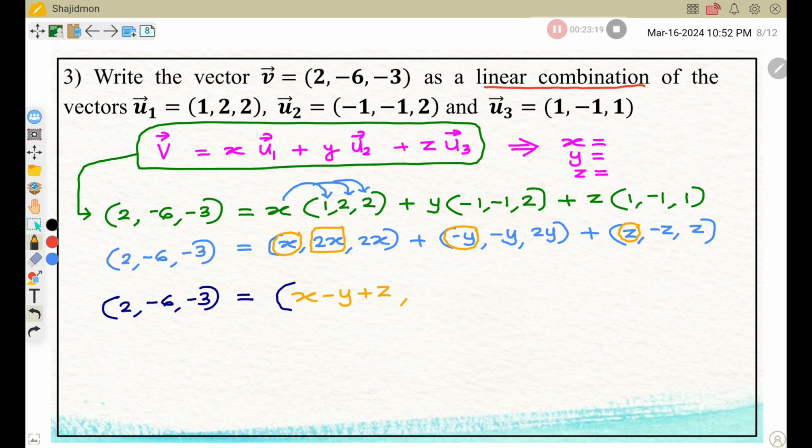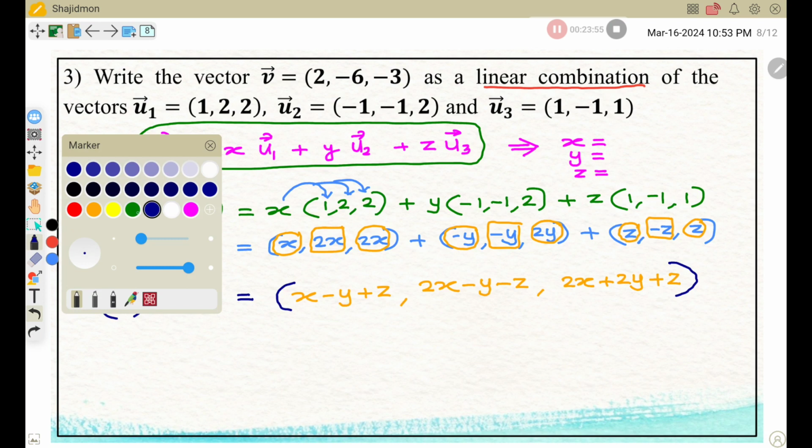Here 2x, plus here -y, plus here -z, so 2x minus y minus z, comma. Now add the third numbers: here 2x, here 2y, and here also z, so 2x plus 2y plus z. So this is the vector on the right hand side.